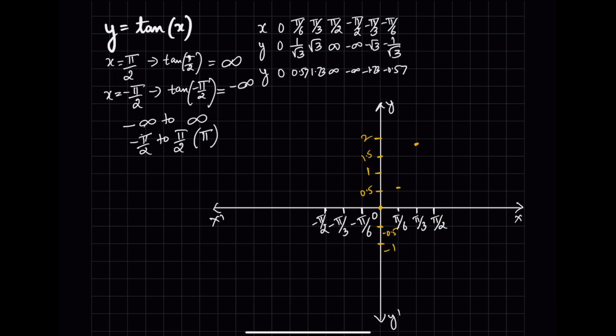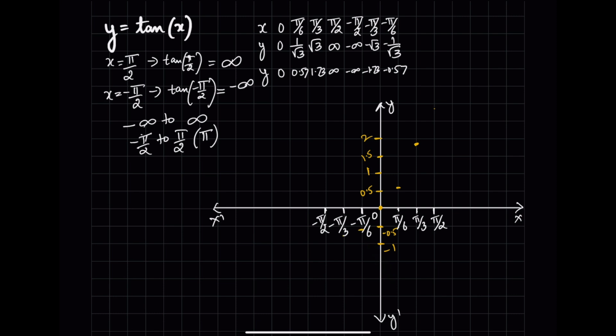Now tan pi by 2 is infinity, so we don't know where it would lie. It would be a huge number. Now let's try to map the negative angles. So tan of minus pi by 6 is minus 0.57, so it would be somewhere here.